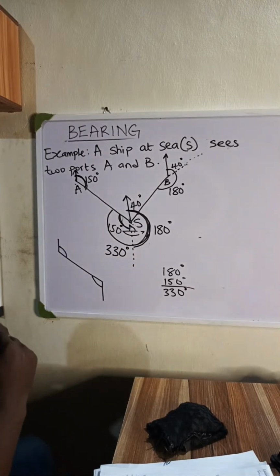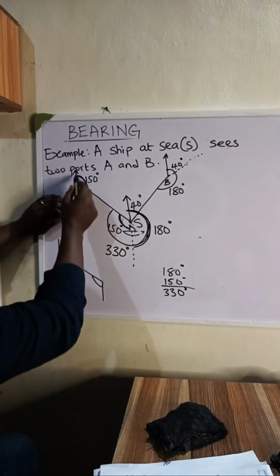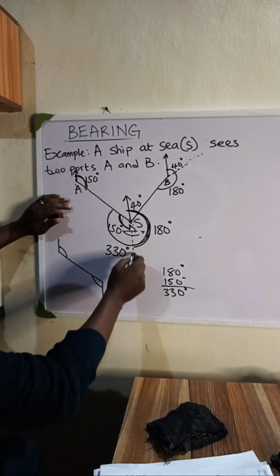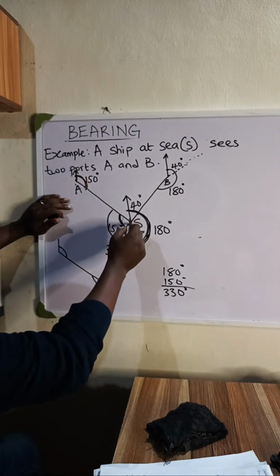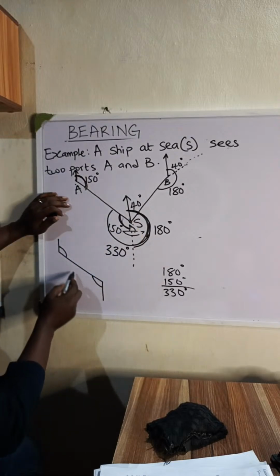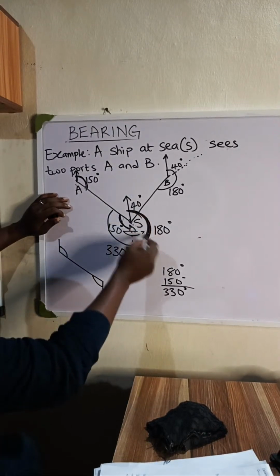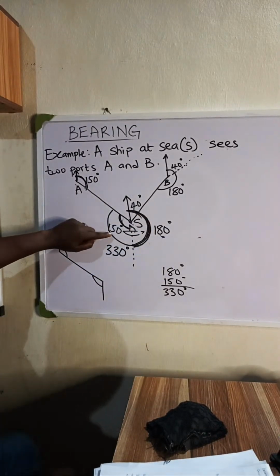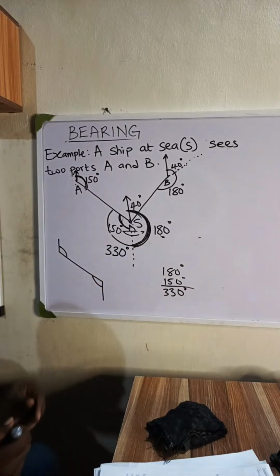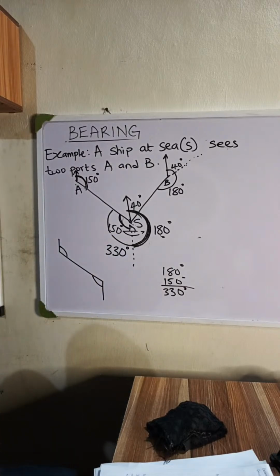As I said, we observe that this is an alternate angle, which is this. Then also we observe that this straight line here is equal to 180. So when you add 150 plus 180, that will give you 330 degrees.